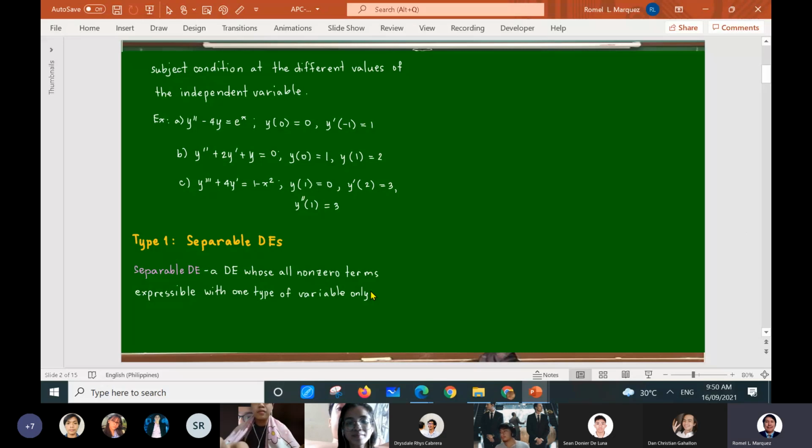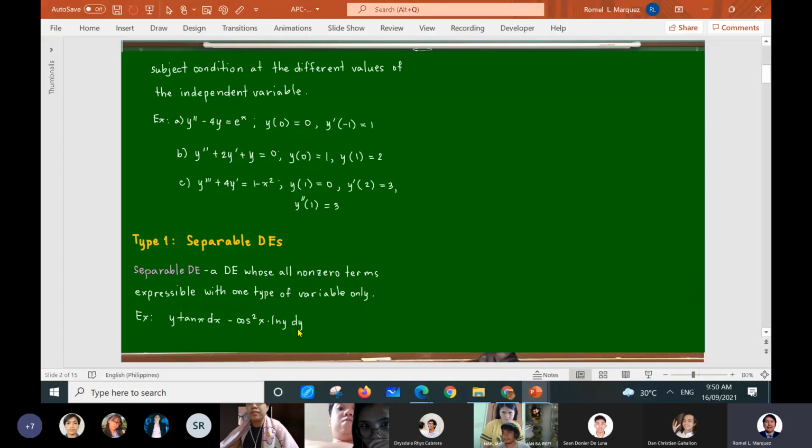So for instance, if I have y tangent x dx minus cosine squared x times ln y dy equals 0.